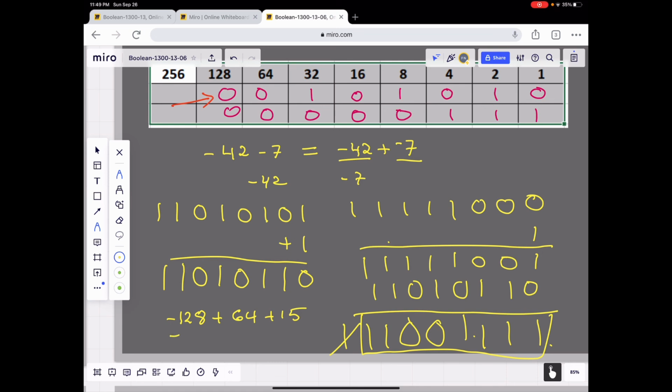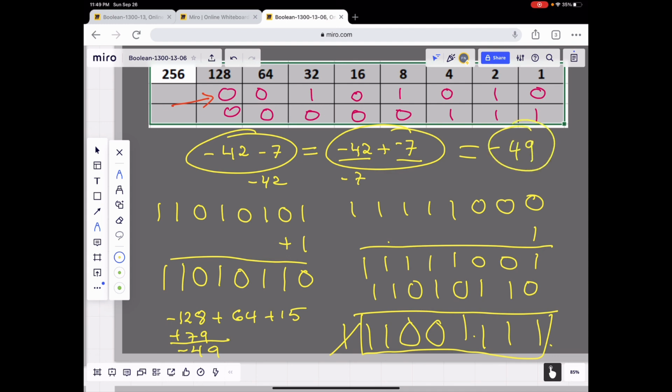So 128 minus 79 is 49. So negative 49. So negative 42 minus 7 equals negative 49, and the answer is correct.